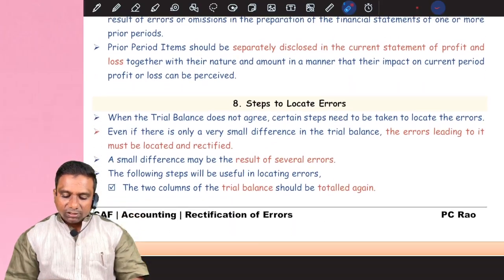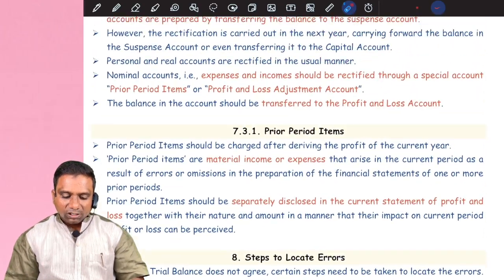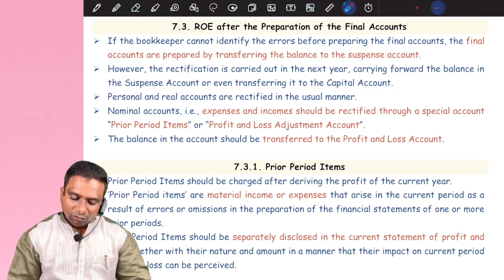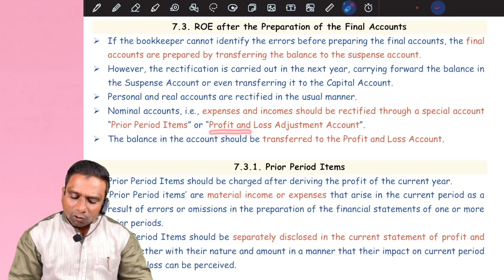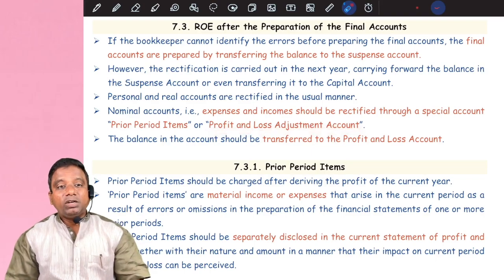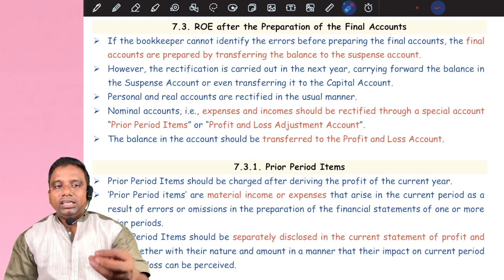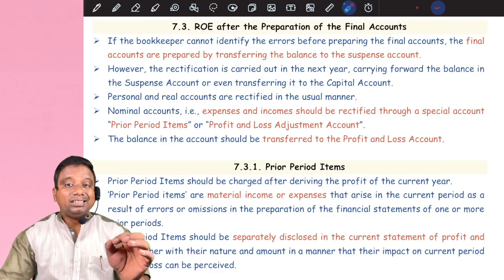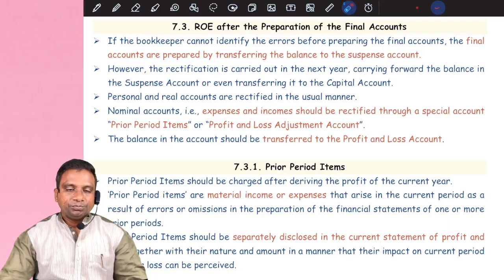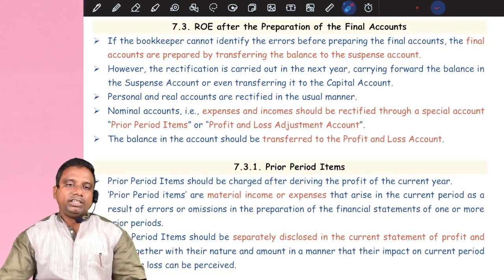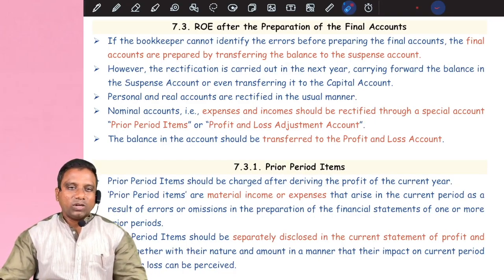Here also there are stage 1 errors and stage 2 one-sided and two-sided errors, but here we use profit and loss adjustment account in the place of nominal account. The difference between stage 2 and stage 3 is that in stage 3, if you identify any nominal account, in that place we use the words profit and loss adjustment account. Don't forget, students. Now we try to solve some problems, then you can understand the concept of rectification of errors more clearly.